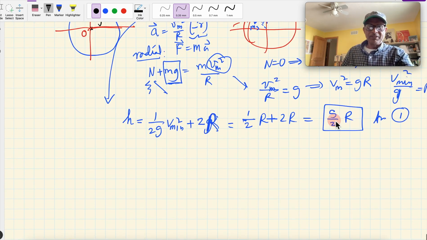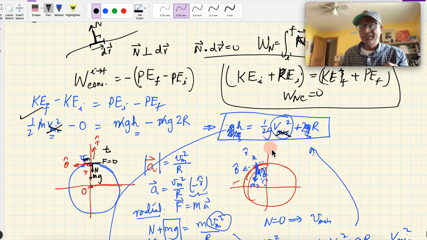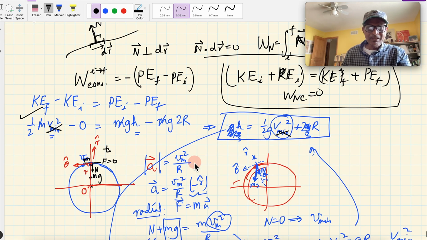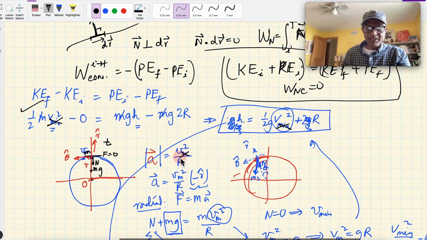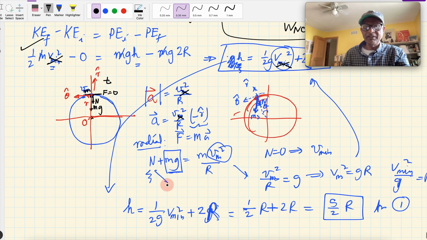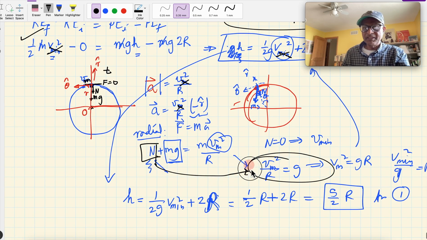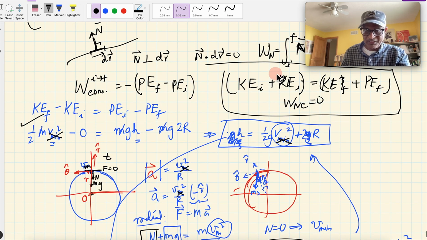So nothing changes over here. Instead of v min, it just becomes some v that I will need. That v will still be this formula. It will still be radial, but this N, rather than being 0, is 2 mg now after my change.